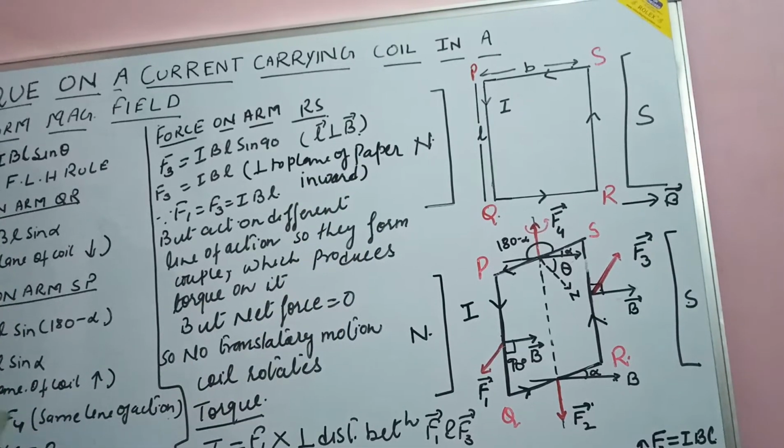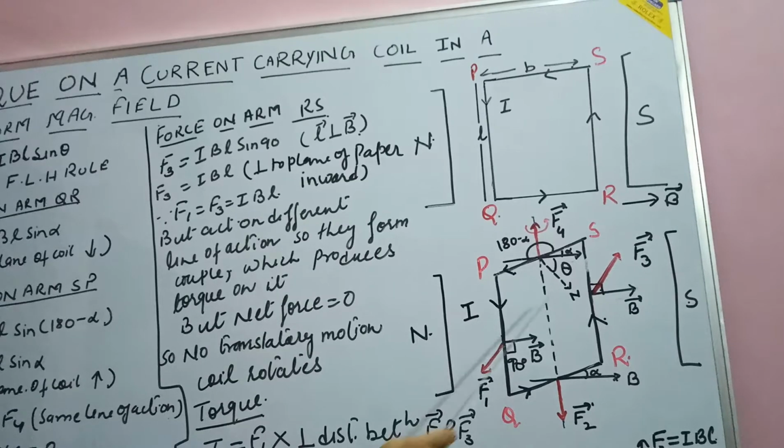Since F3 and F1 are both equal but their lines of action are different, this one acting along this line and this one acting along this line, they form a couple which produces the torque, because we know that when two forces are equal and in opposite directions but act on different lines of action, they always form a couple.